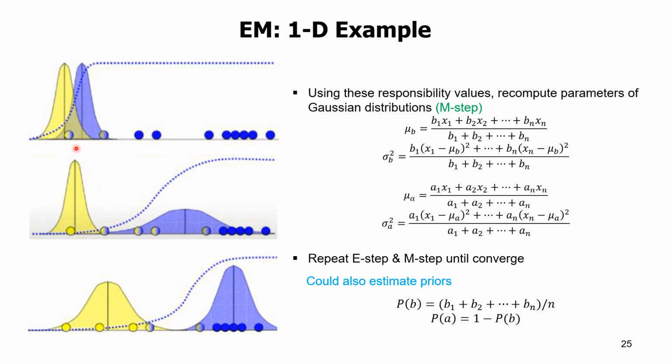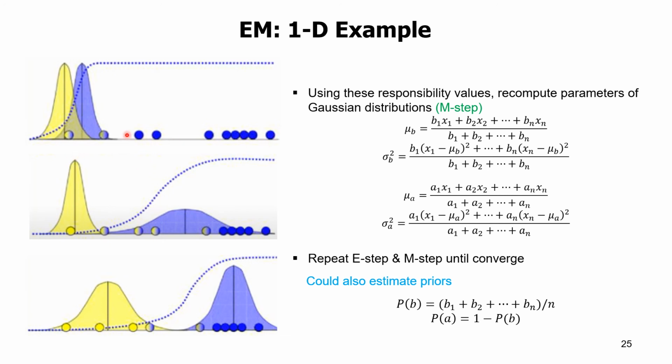Then if you take a look at the Gaussian distributions, for the blue distribution, most of the blue data are here. So this blue should move somewhere here, right? And same thing for the yellow distribution, this should move a little to the right.